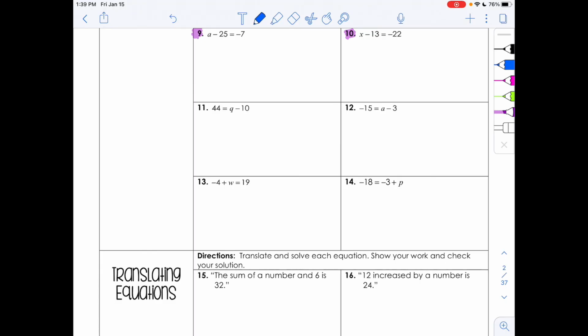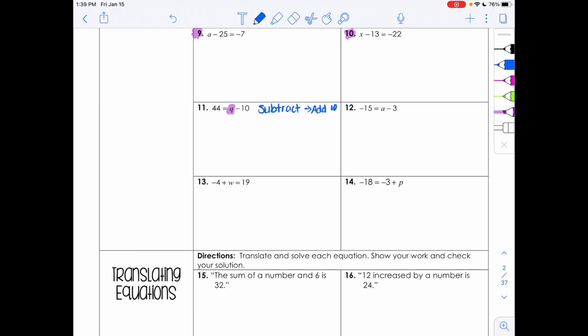Number 11, locating your variable, it's on the right. The operation tied to that variable, right behind that variable, we have subtraction. So the operation tied to this one is to subtract. But then in step 3, we're going to do that inverse, which is to add. And we're adding the number that's tied to it, so we're going to add 10.